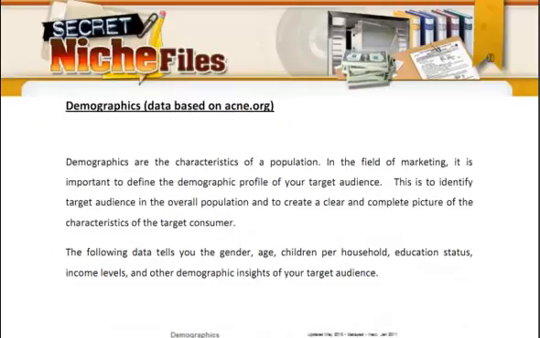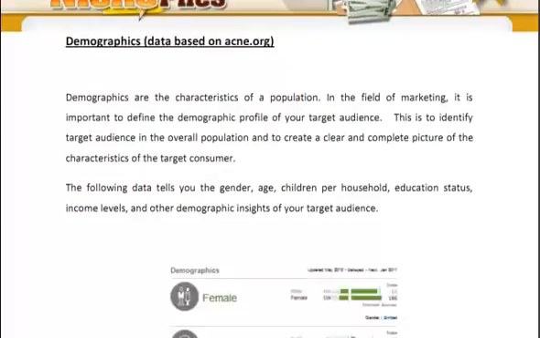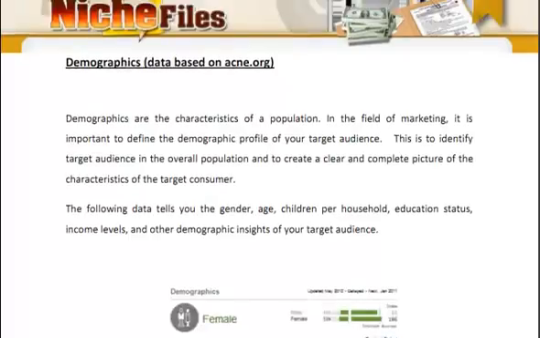Alright, the next section is the demographics data. This data is extracted from quantcast.com, and it's based on an authority website in each particular niche. In this example for the acne niche, we are using acne.org.